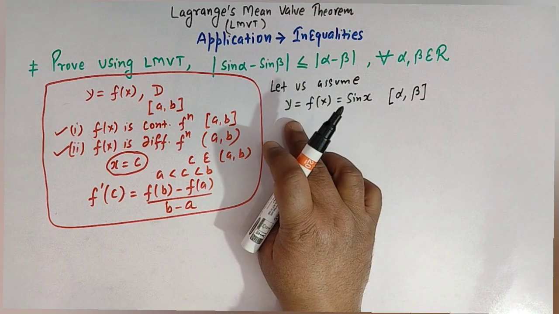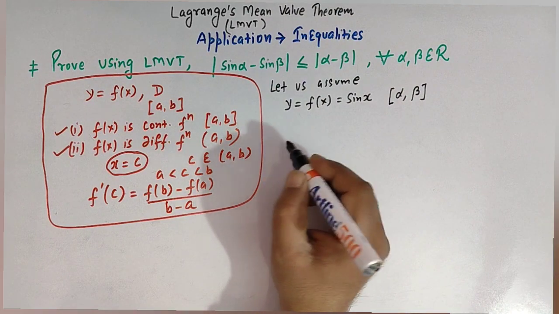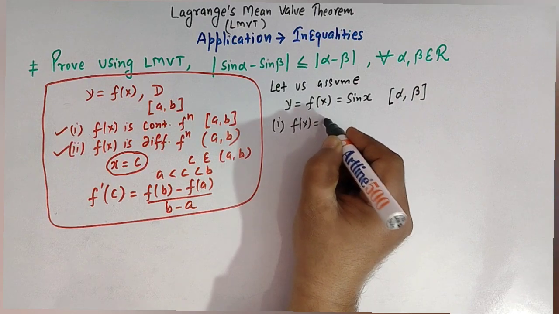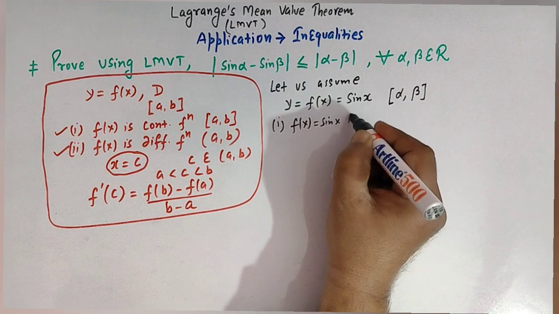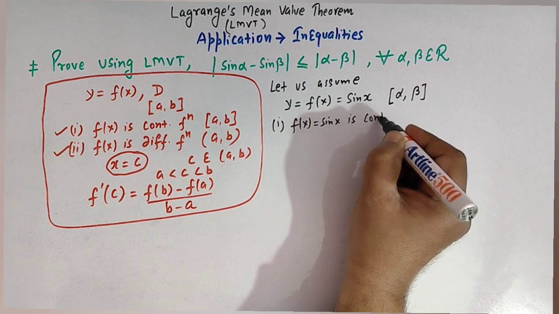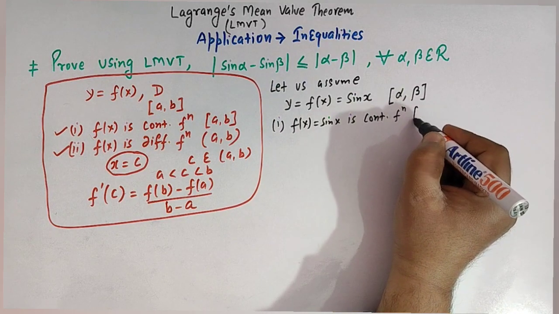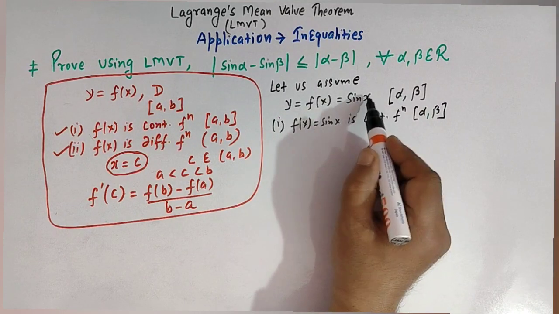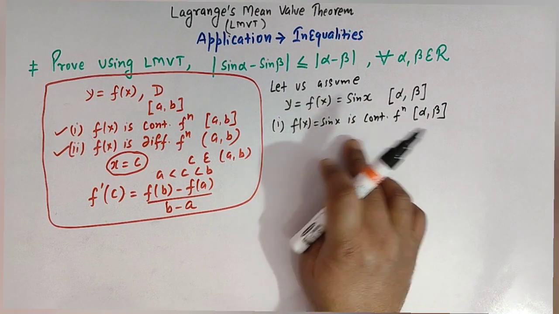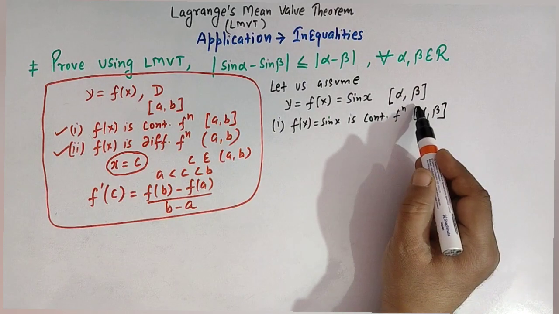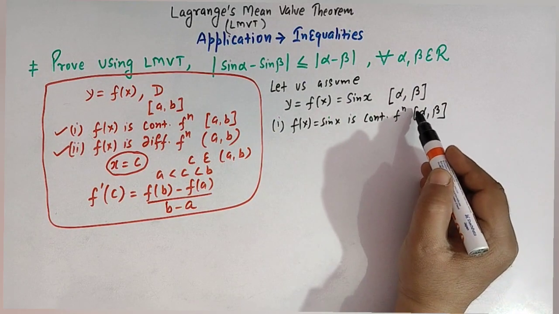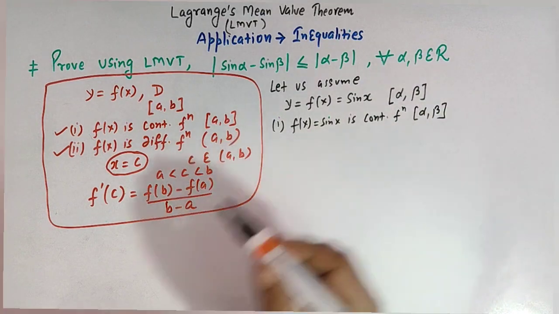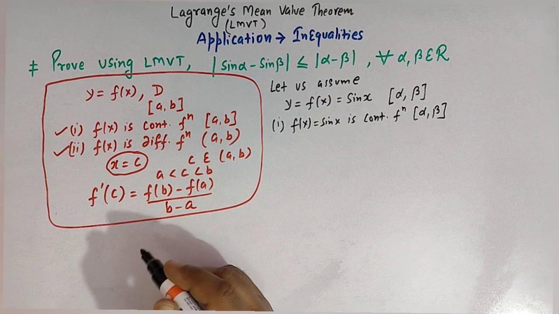Now from trigonometry, it is quite evident that f of x, which is sine x, is a continuous function in the interval alpha comma beta, right? Because we know that the sine function is a continuous function in any interval alpha comma beta, where alpha and beta belong to the set of real numbers, right?